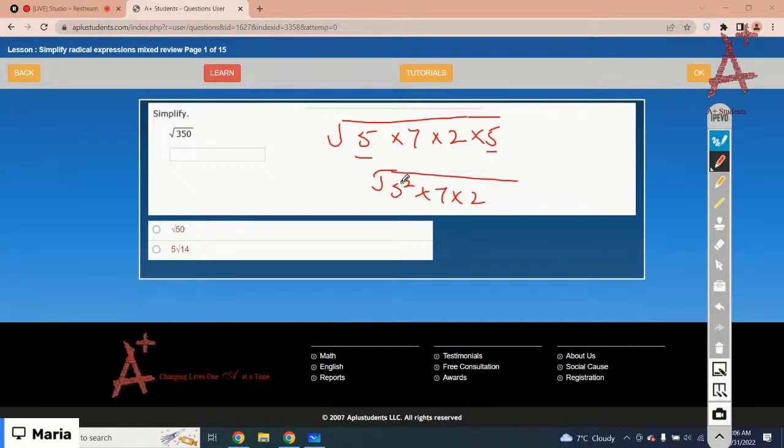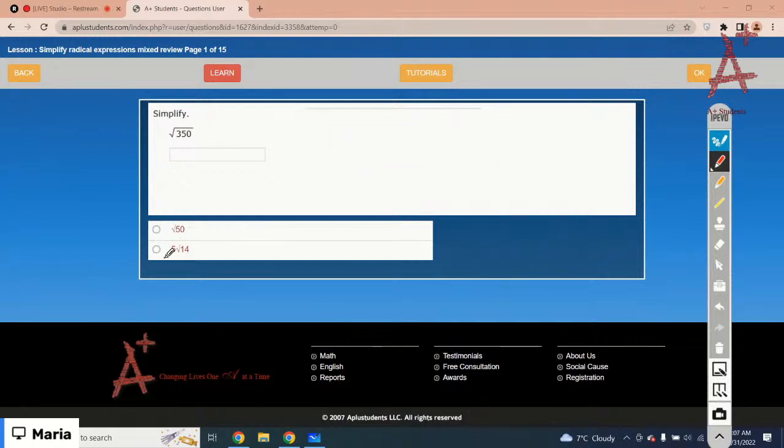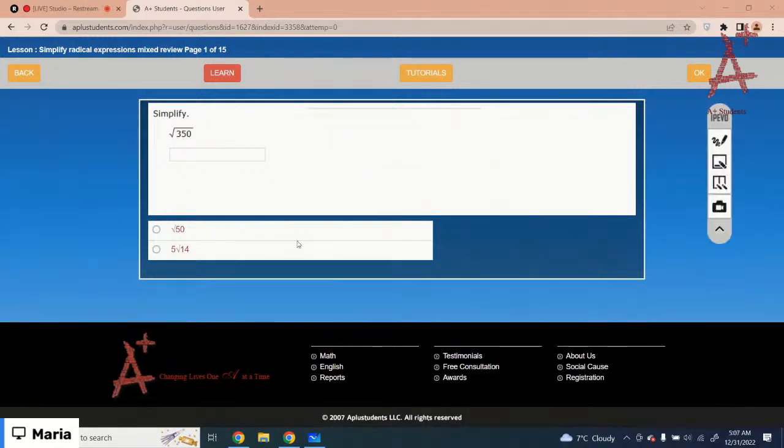So take out 5 square, it comes outside the radical, and you have 7 times 2. So the 2 and square root cancel out each other and you're left with 5 square root of 7 times 2, which is 14. So the correct option is the second option. It would be 5 square root 14. Got it? That would be the simplified form of square root 350.